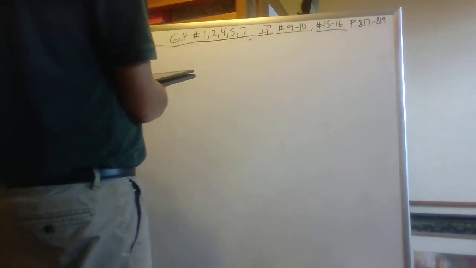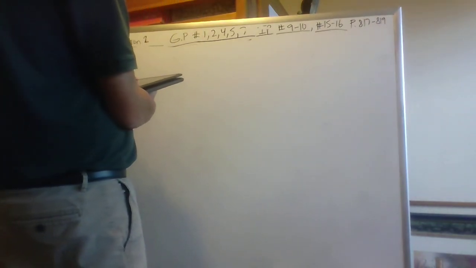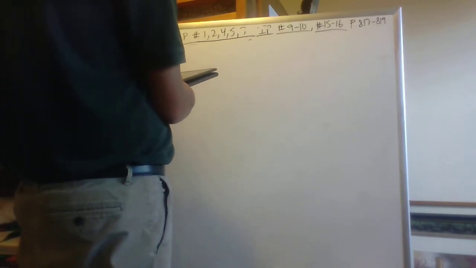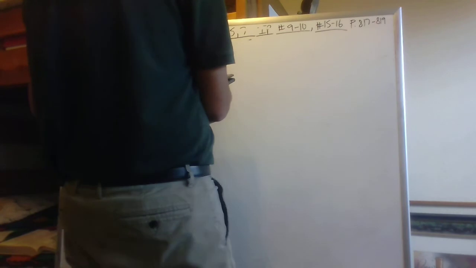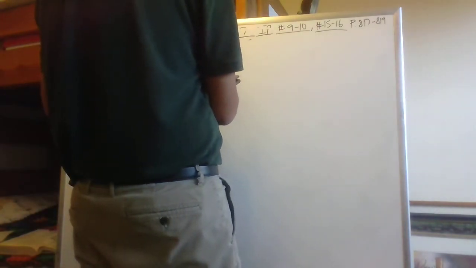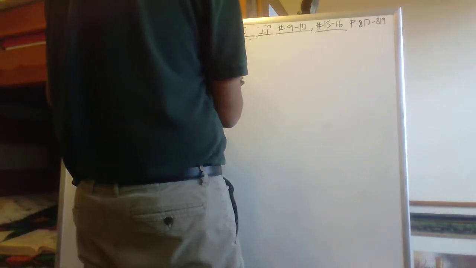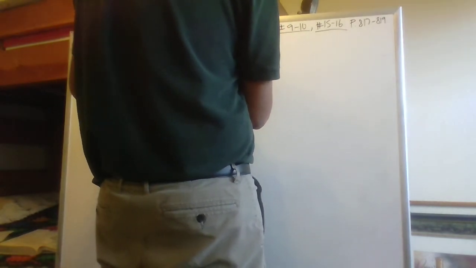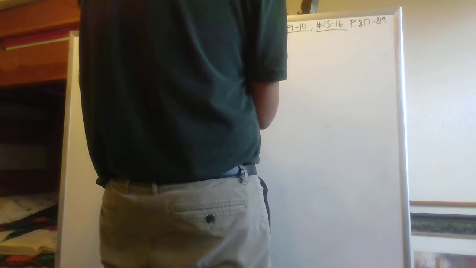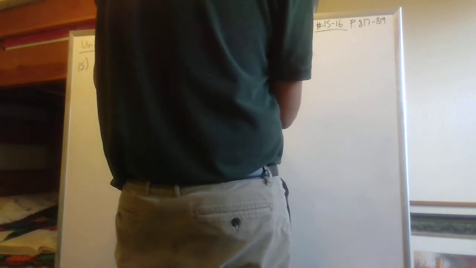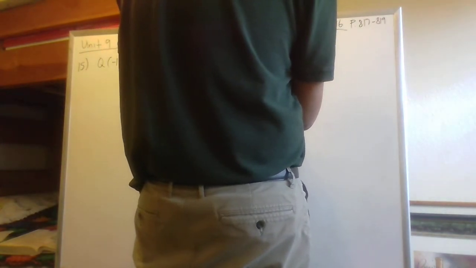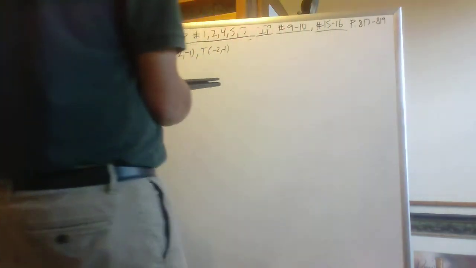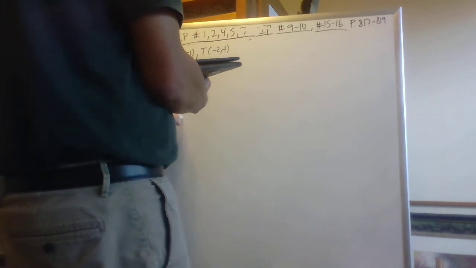So they give you point Q or vertex Q at -1, 2. R is at 4 and 3. S is at 2 and -1. And then T is at -2, -1. So I'm going to graph this real quick.